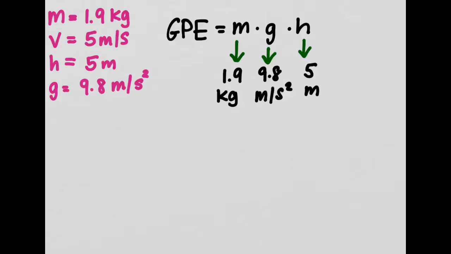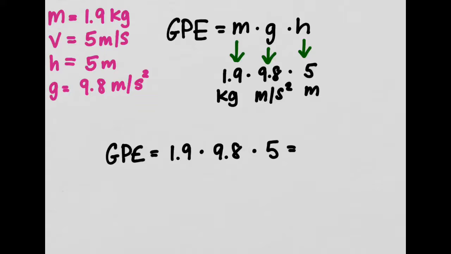No naked numbers. Every number has to have a unit or else I have no way of knowing what makes sense or what doesn't. So now I know that I have to multiply 1.9, 9.8, and 5. All right, 1.9 times 9.8, times 5, is 93.1 joules.